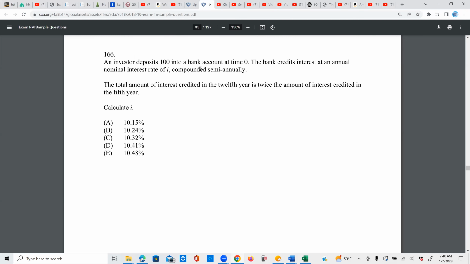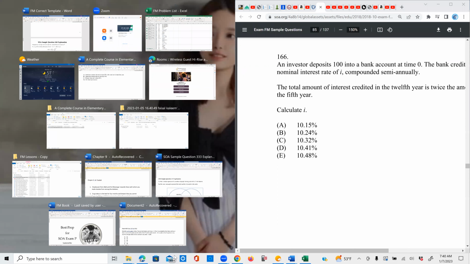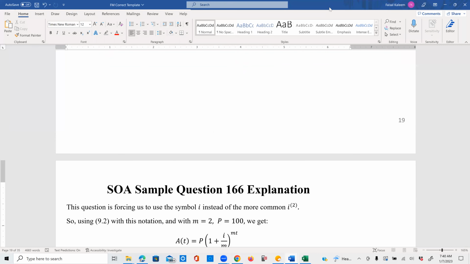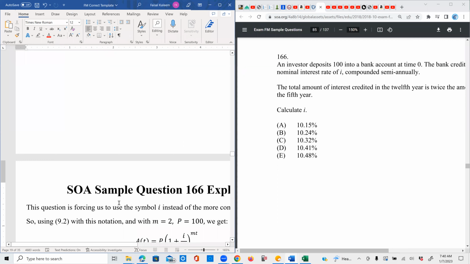So the first thing to note in this problem is that they are using the symbol i for semi-annual compounding. Now remember, the usual symbol for semi-annual compounding was i superscript 2, but they have the right to use a different symbol, which is what they are doing in this problem.